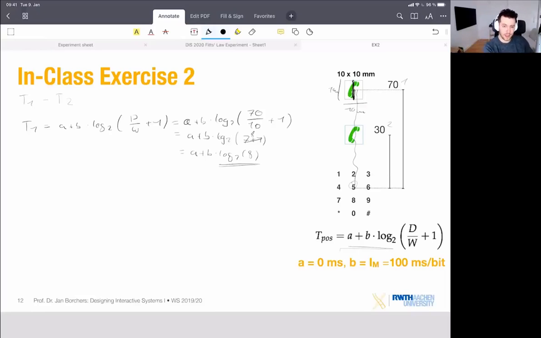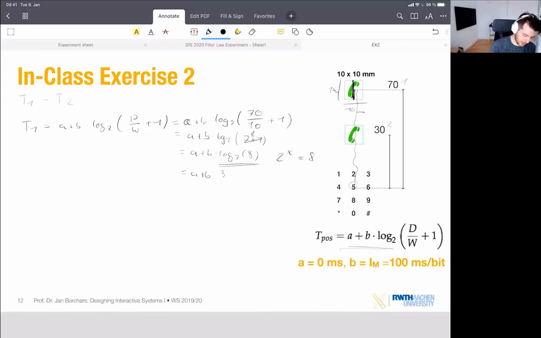So it's basically: 2 to the power of what is equal to 8? And this, of course, is 3. So we have A plus B times 3. Okay, so this was the first one.